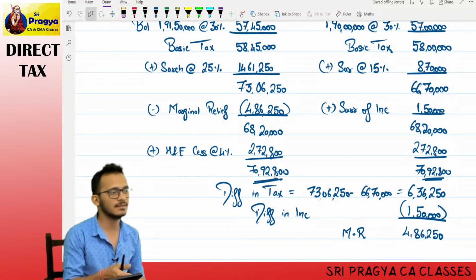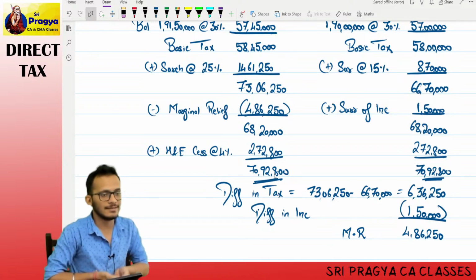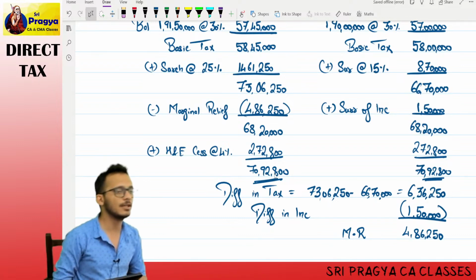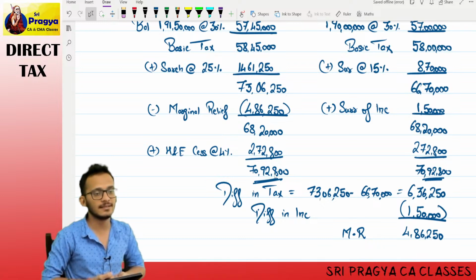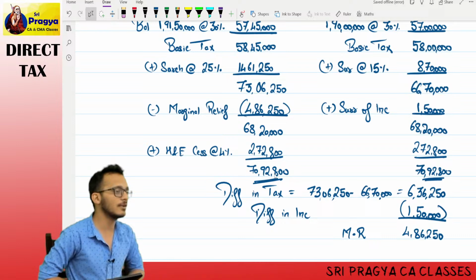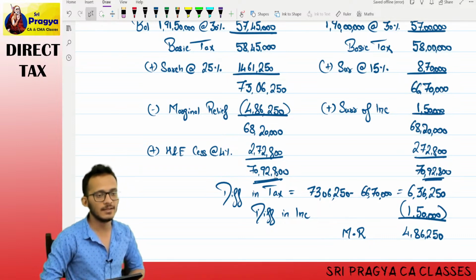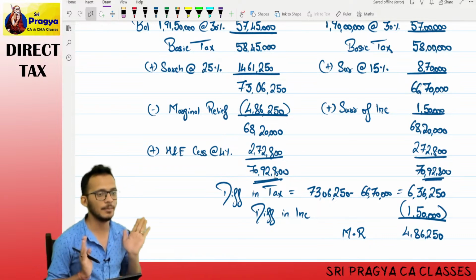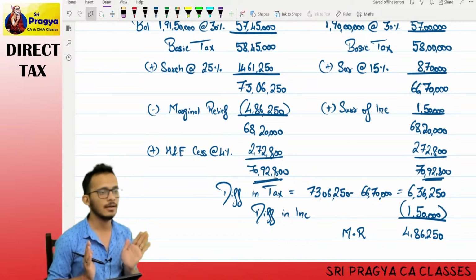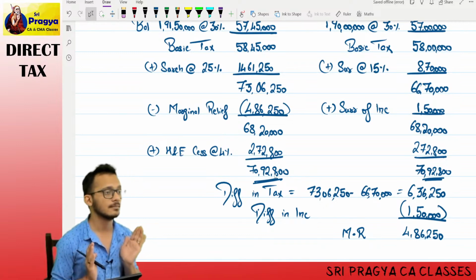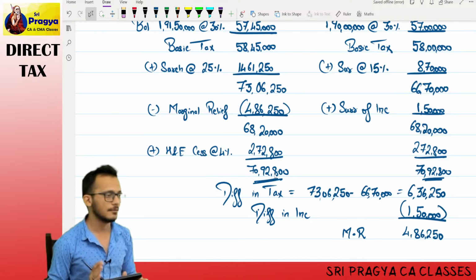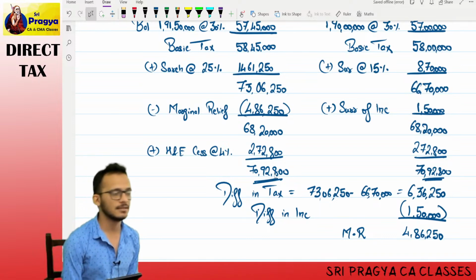The moment the surcharge changes, tax will increase. At that point of time, you need to check whether your difference in tax is more than difference in income. If the difference in tax is more than difference in income, you will say, I'm sorry, I cannot pay that extra. Give me something called marginal relief.